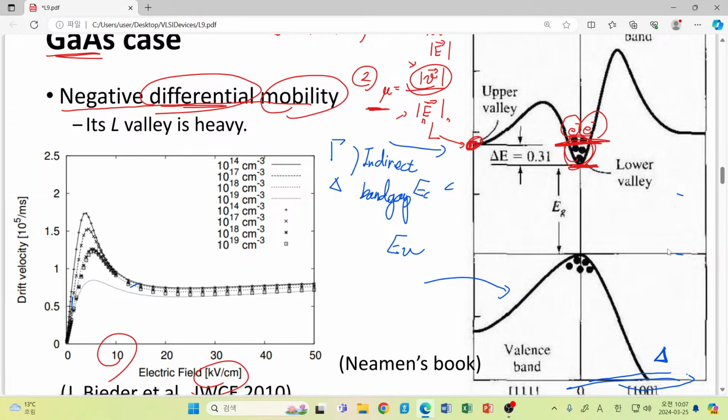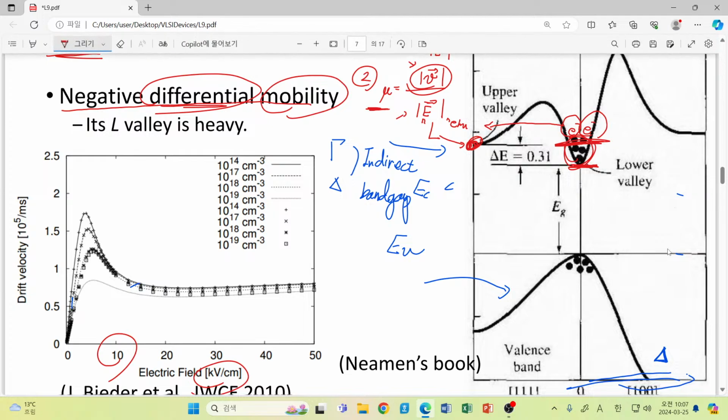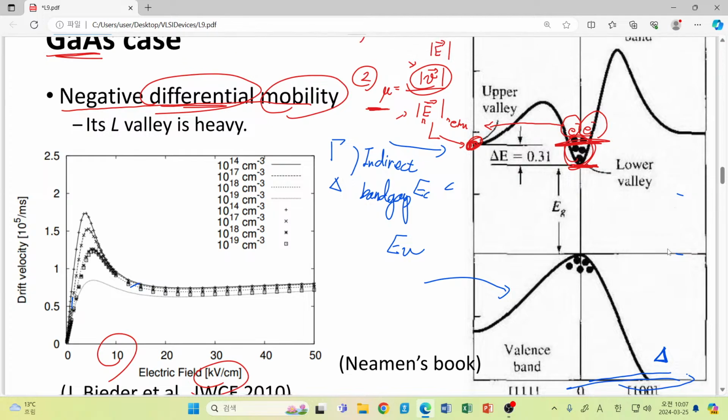So some of them just move into this one because it is almost empty. So there occurs a certain transition from gamma valley to L valley. Yes, some electrons are moving from gamma valley to L valley.